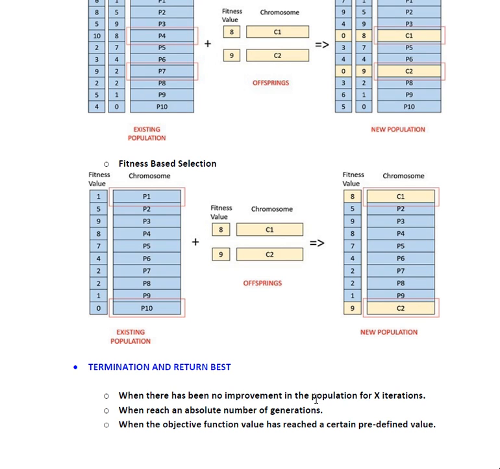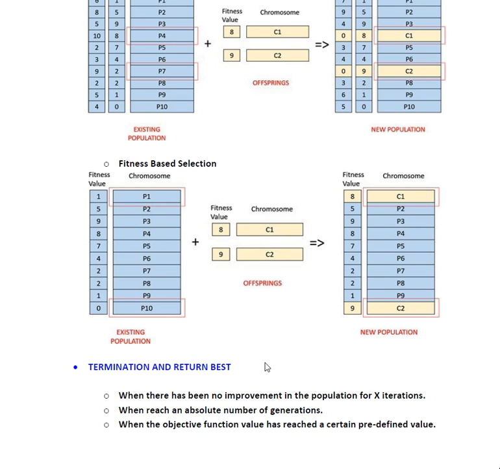That means after a particular number of iterations, when you find that even after doing mutations there is no change in the output results, then you can terminate. Or you have attained the objectives, or the absolute number of generations, then you can terminate.